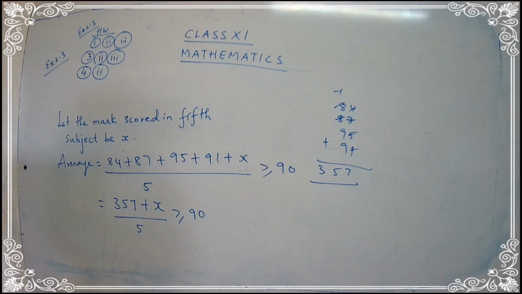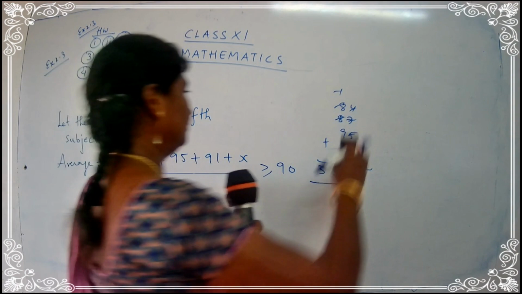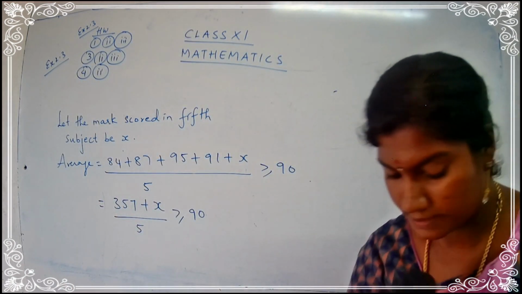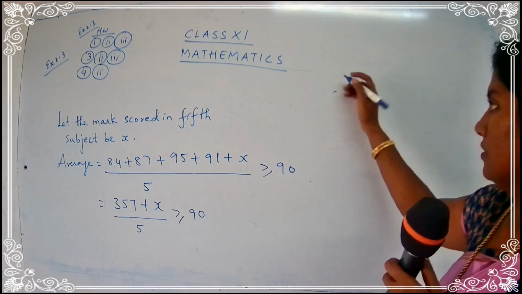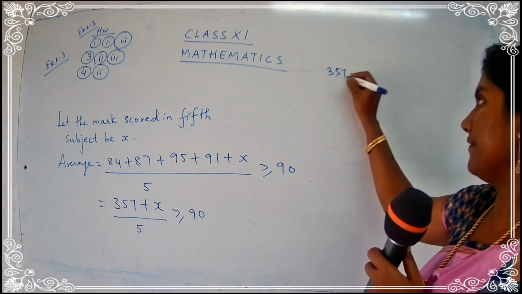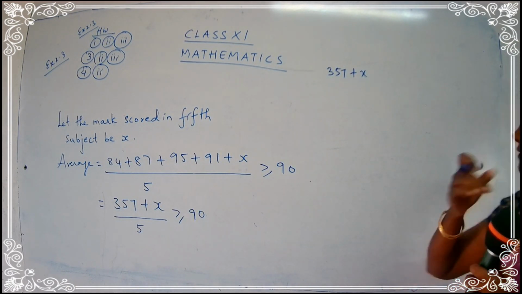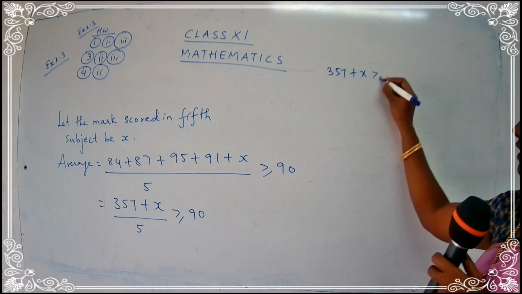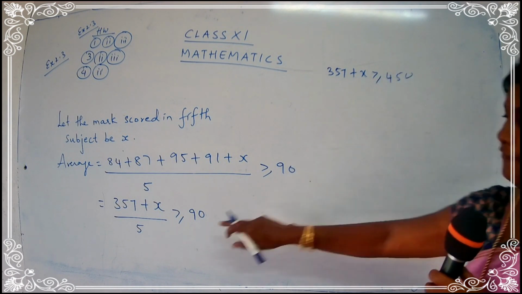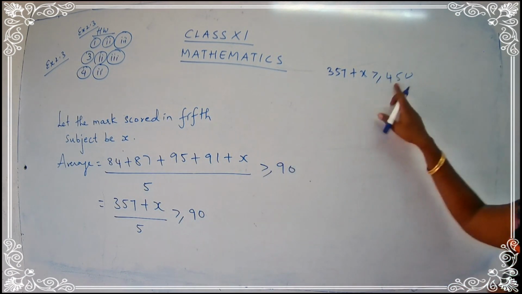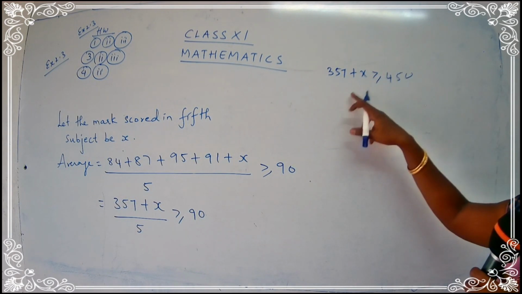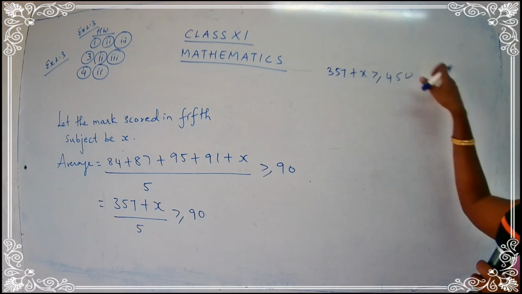Okay, let's proceed with the sums. Cross multiply, take this 5 to the other side. So you get 357 plus x greater than or equal to 450, since 9 fives are 45 and a 0. Take this number to this side, no problem.